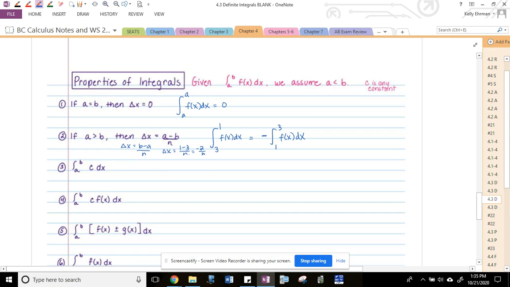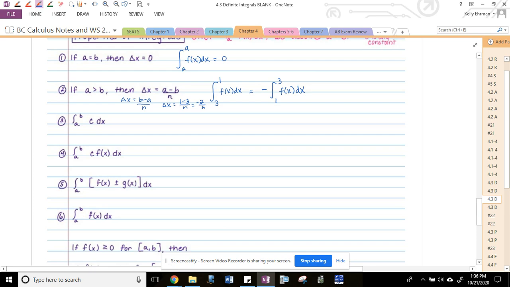So if I'm going to flip the order around here, in order to keep that negative piece in there, I've got to put a negative symbol in, right? Basically, if your limits of integration, which is what these are called, are what I consider to be backwards, then you flip them so they're going the right way and throw in a negative sign. If this was already negative, then you would make it positive.